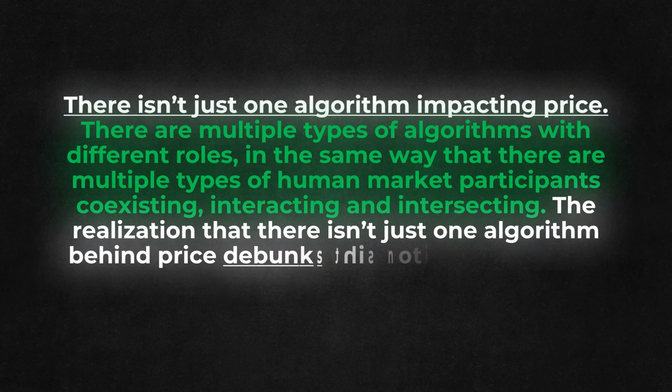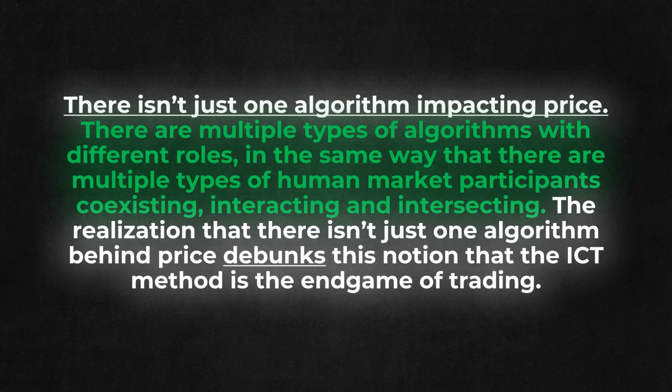There are multiple types of algorithms with different roles, in the same way that there are multiple types of human market participants coexisting, interacting, and intersecting. The realization that there isn't just one algorithm behind price debunks this notion that the ICT method is the end game of trading. Price action is not like social media, where there is one algorithm controlling what you see. It's much more complicated than that.